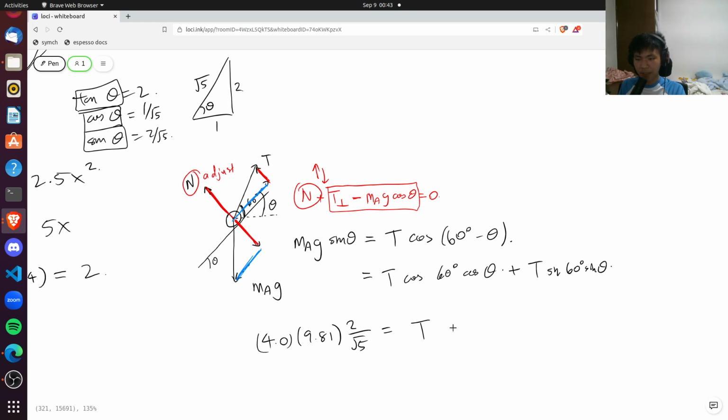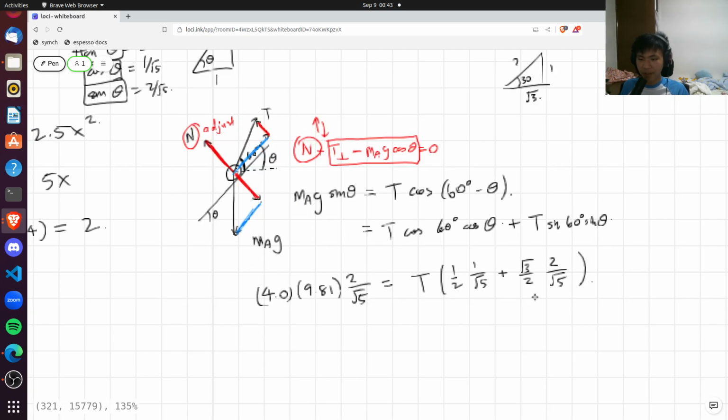So what are these values? Cosine 60 is just 1 over 2. Cosine theta is 1 over square root 5, plus sine 60 is square root 3 over 2. Sine theta is 2 over square root 5.